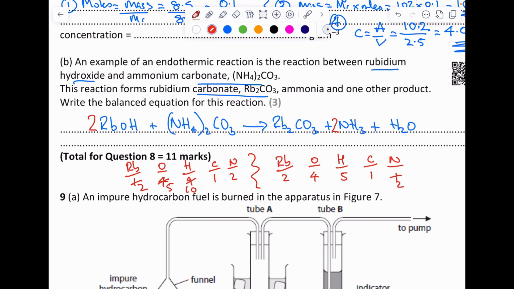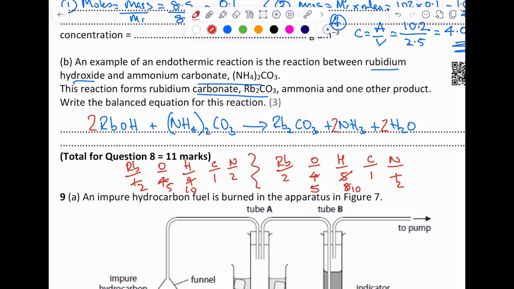That gives me 6, 7, 8 of those here. So I've got a few more bits to sort out. Let's see if I can sort out my hydrogens. So if I put a 2 there, that gives me 6, and 4 more is 10, so that works okay. And then I'm going to have 3, 4, 5, so we've got a balanced equation.